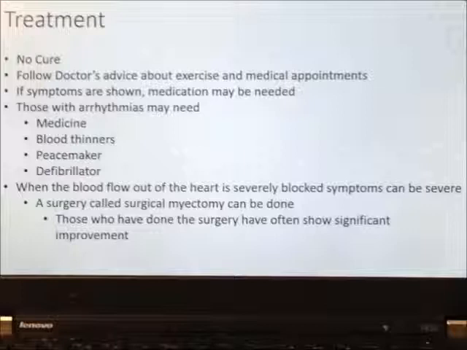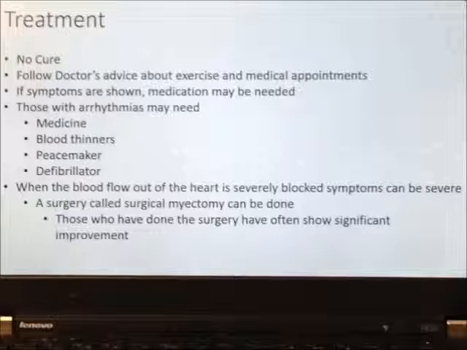Unfortunately, there's no cure for hypertrophic cardiomyopathy, but every patient should always follow their doctor's advice about exercise and medical appointments. Some that show symptoms may need medication in order to help the heart contract and relax.